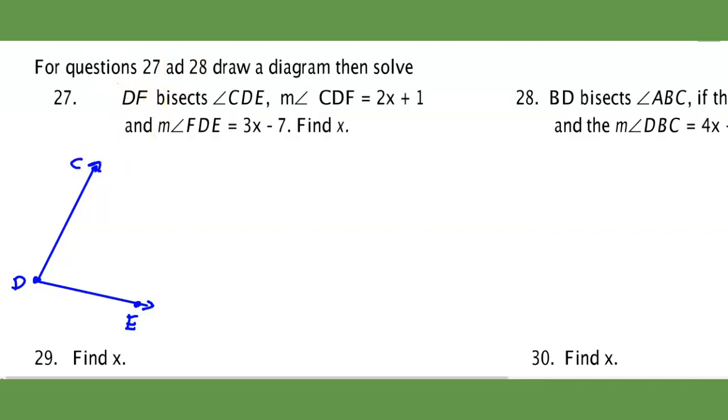And DF bisects, which means cuts in half. So CDF, right here, will be 2x plus 1.